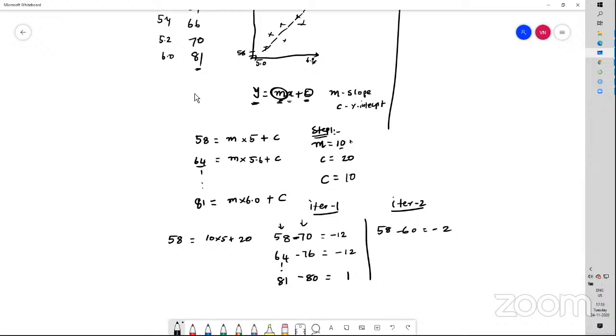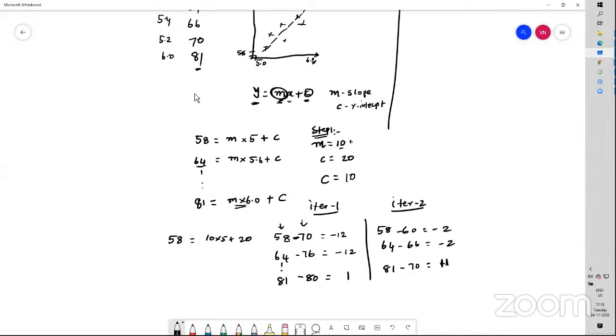In iteration number 2, we have 58 minus 60, and for the second observation, 56 plus 10, which is 66. So 64 minus 66, minus 2. And when it comes to the last observation, 60 plus 10, 70. So that is 81 minus 70, which is going to give us 11. Okay.